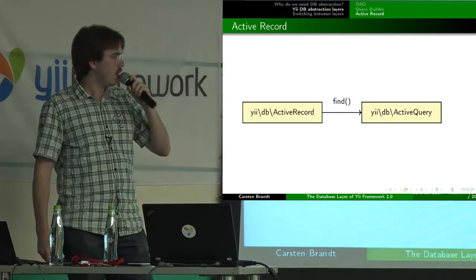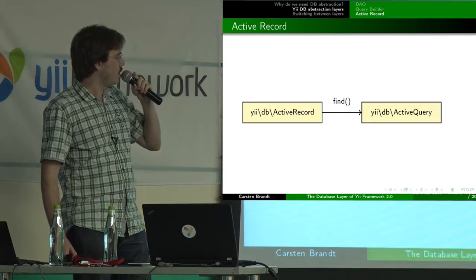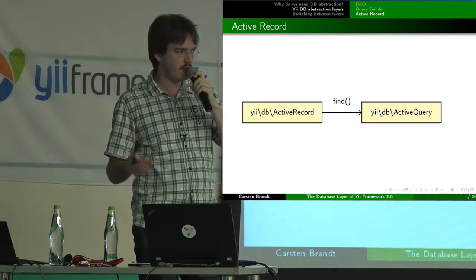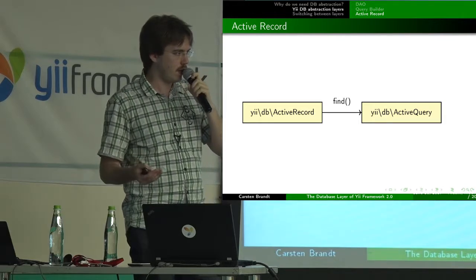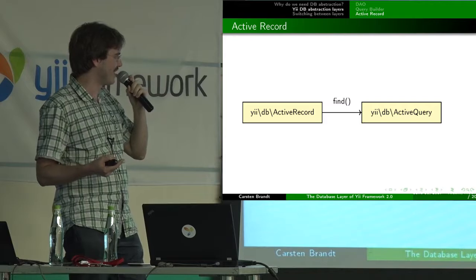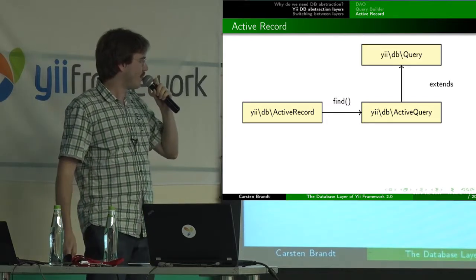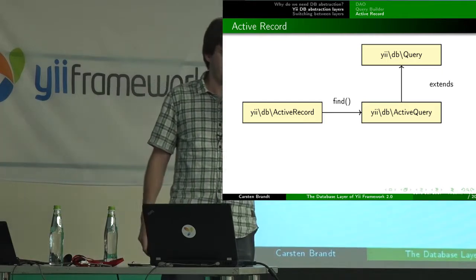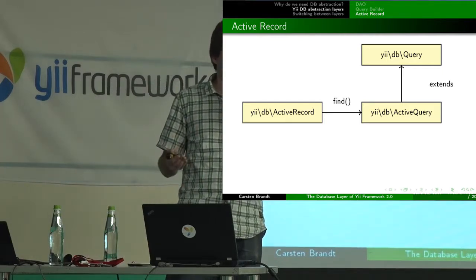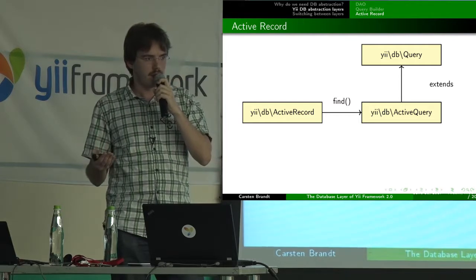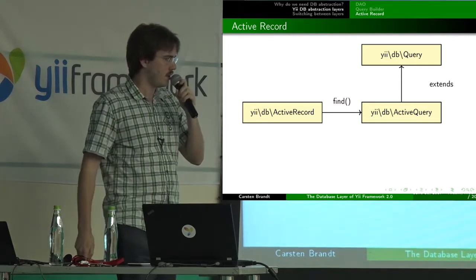And this query extends from the DB query we've seen before. So we have exactly the same interface and exactly the same methods to use for creating queries that now, when we retrieve the results, will return objects instead of arrays. So we can work with these objects that maybe contain business logic we've written in them.